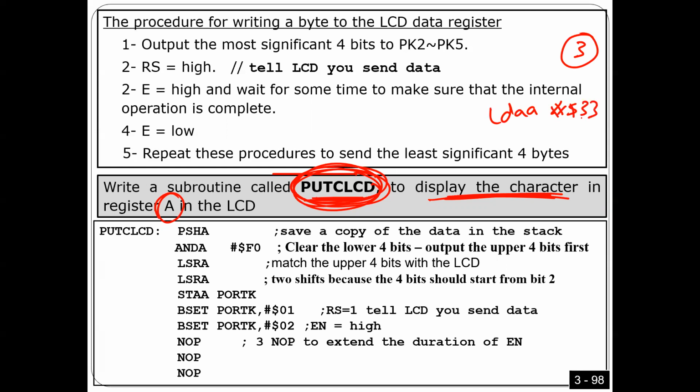So before I call this function, I have to put the ASCII of the character I want to display in register A, and then just jump subroutine, put character LCD. That's it. So this function is gonna take whatever is in register A and send it to the LCD, display it. Very easy, very simple.